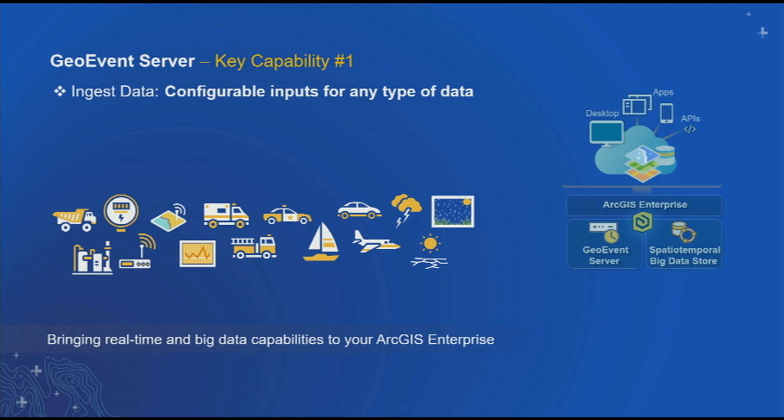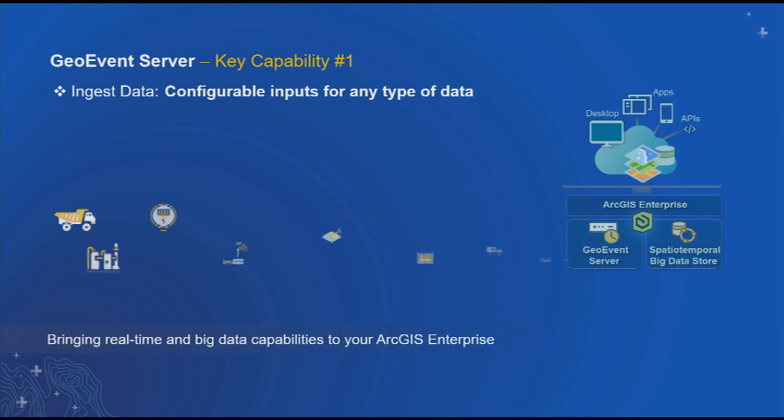They can be weather sensors reporting temperature, pressure, humidity, public safety, if you're looking for the nearest ambulance or a first responder to an accident. And then also commercial operations tracking smart meters, production systems, or assets. So the first key capability is that we have configurable inputs for almost any type of data that you want to bring into GeoEvent so that all of this data can be ingested into the enterprise.